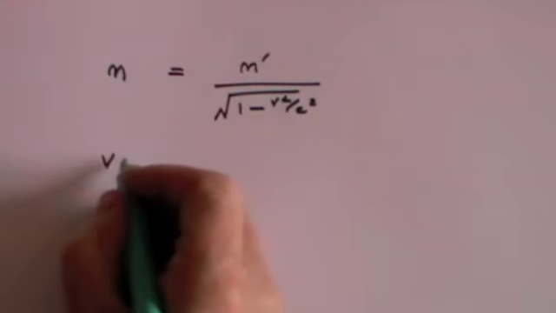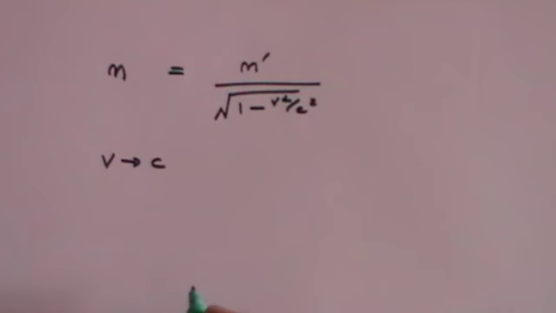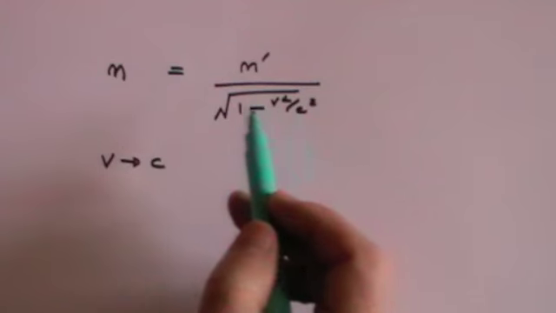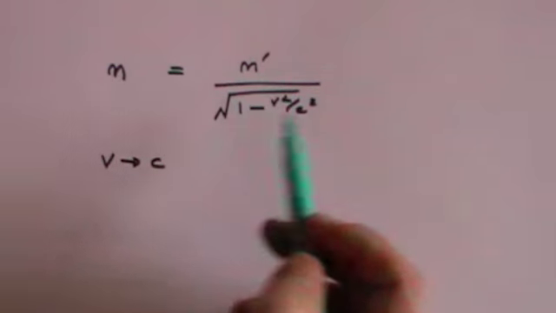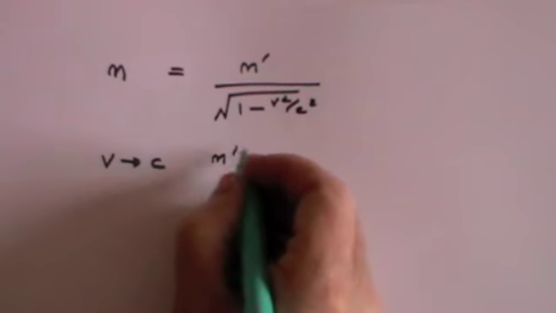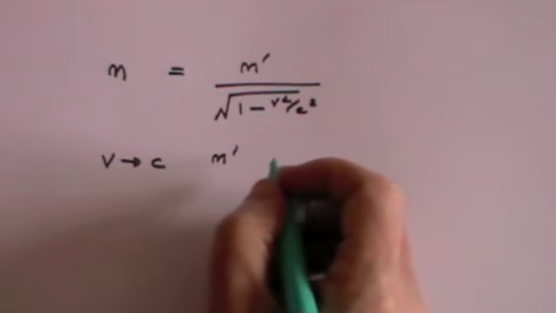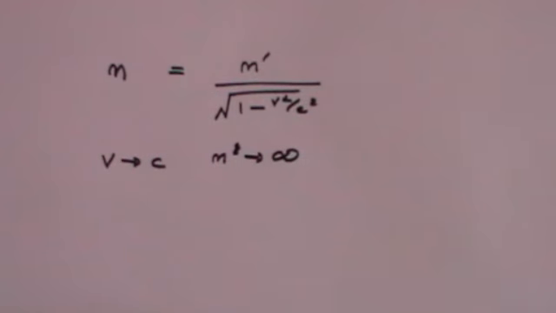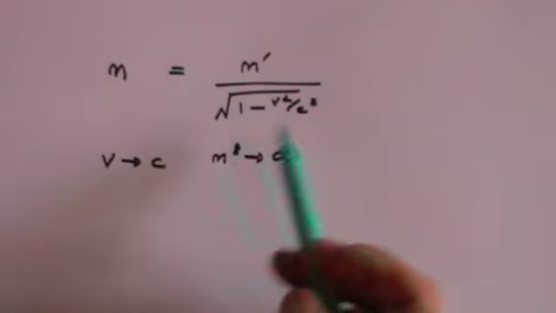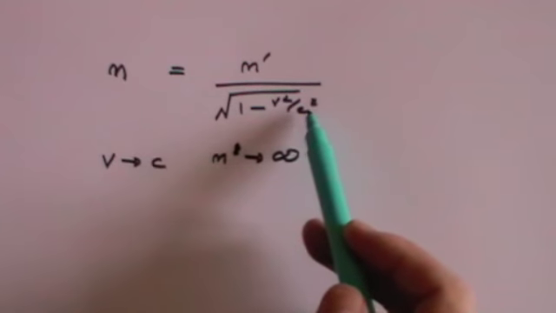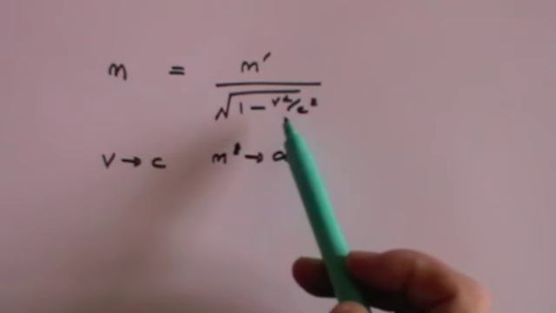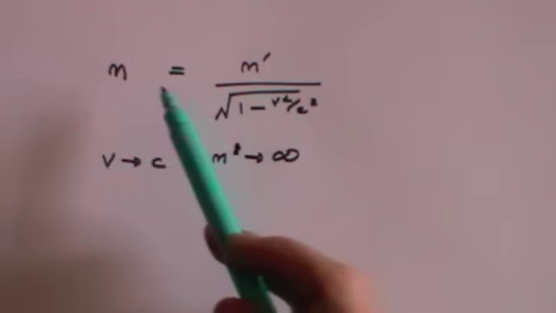So that as v approaches the speed of light, this term becomes 0, and that means that the overall term, the mass, will become infinite. Let me just say that again. As v tends to c, then v squared over c squared is 1, 1 minus 1 is 0, and m prime divided by 0 is infinite.